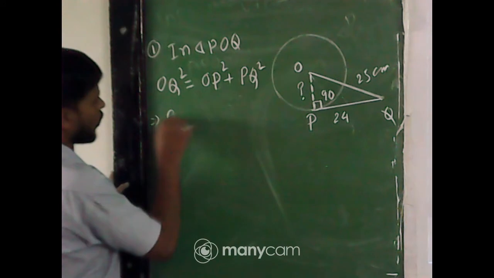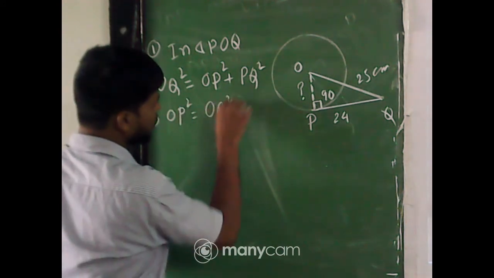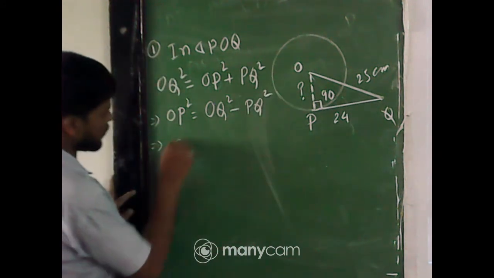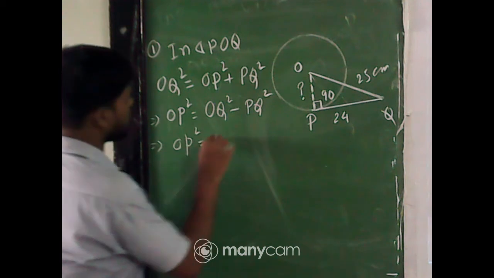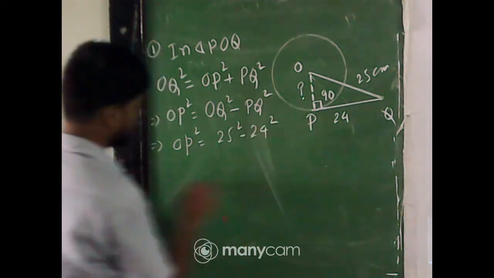That means OP square is equal to OQ square minus PQ square.